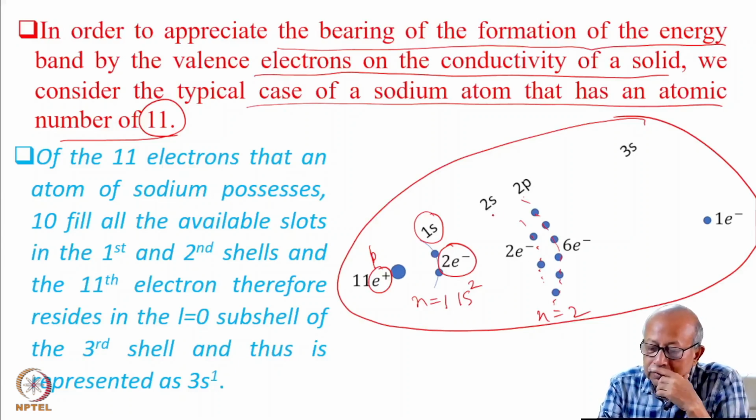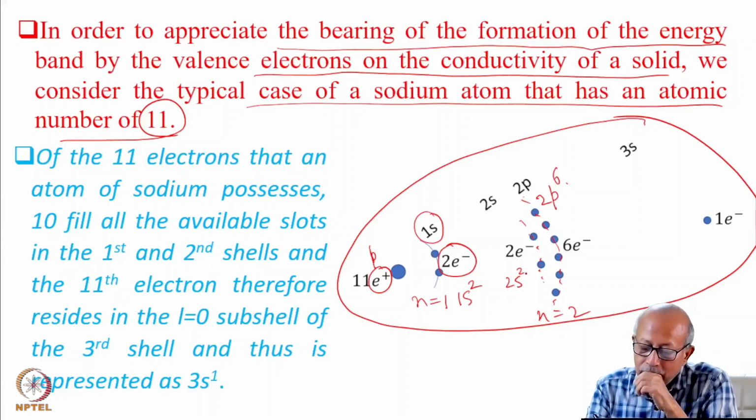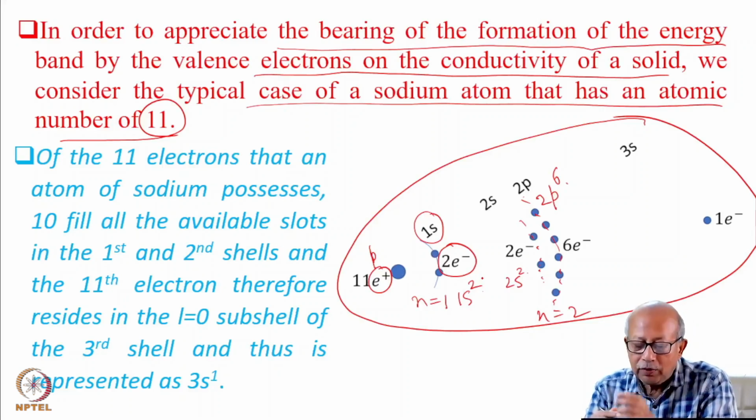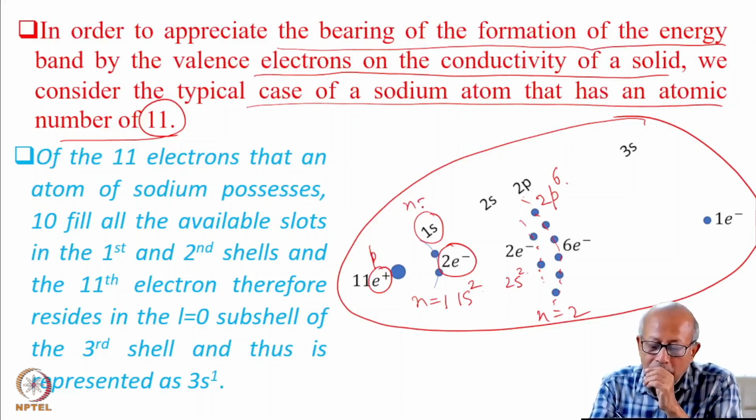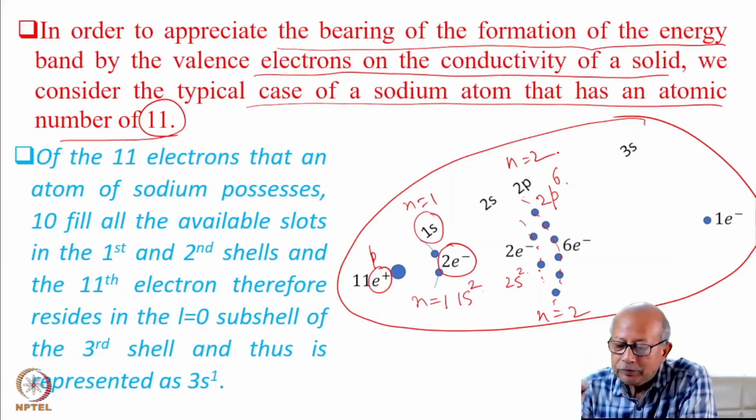This is 2s, so it has two electrons. And then the next is L equal to 1, that is the p subshell. It has 6 electrons, 2p6. So 6 plus 2, 8 plus 2, 10. 10 electrons are distributed within these two, n equal to 1 and n equal to 2 energy levels.